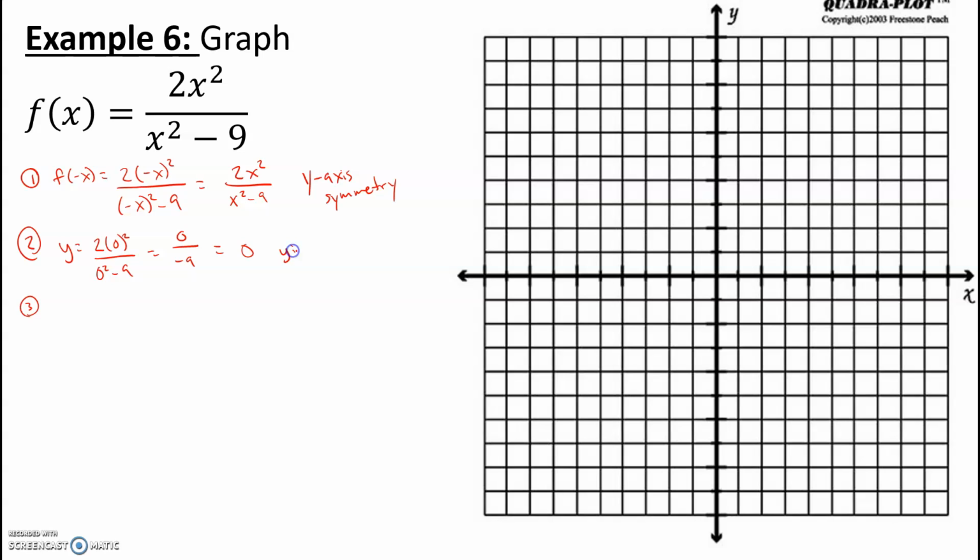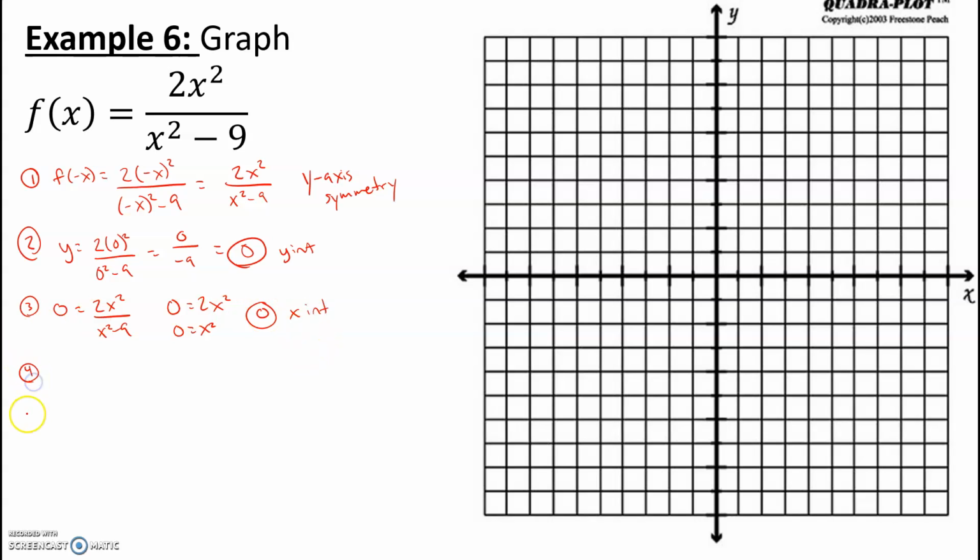That's our y-intercept, at 0. X-intercept, you plug in 0 for y. So we're going to multiply both sides by x squared minus 9. We're going to divide by 2. And x equals 0 is our x-intercept.